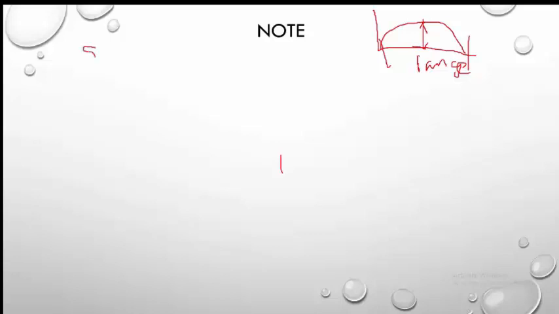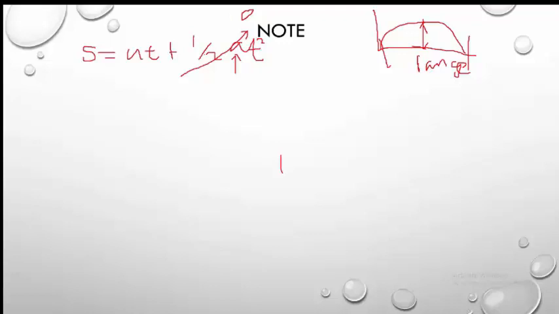So I will use s is equal to ut plus half at squared. On the horizontal, my acceleration is 0, so the whole of this expression is 0.